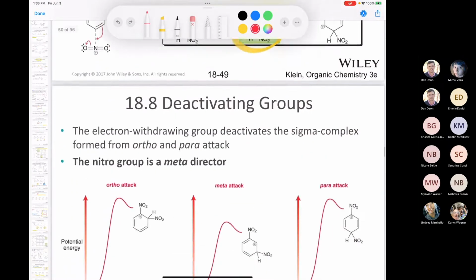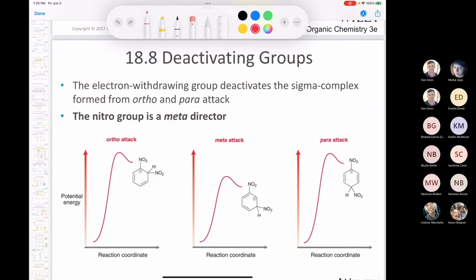Why? Because the activation energy to get the meta attack to occur is actually lower than that for the para and the ortho. And again, it's all based on what? The sigma complex. So if you're wondering, why did he spend so much time talking about sigma complexes last lecture? Why did we look at the sigma complex for every dang thing that we talked about?